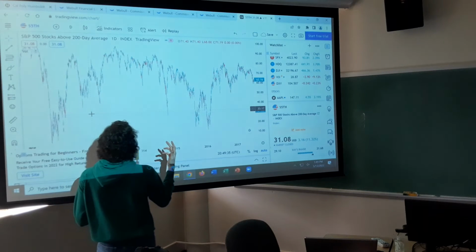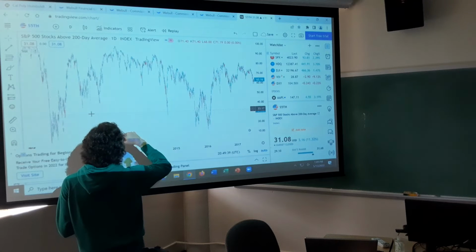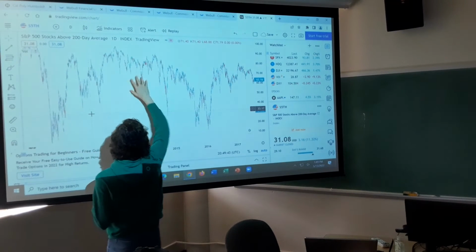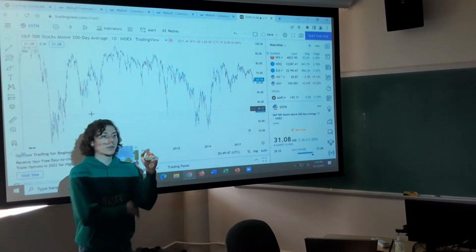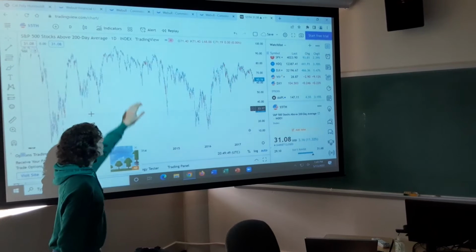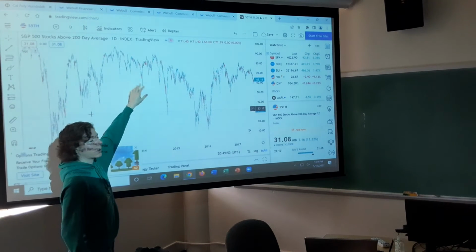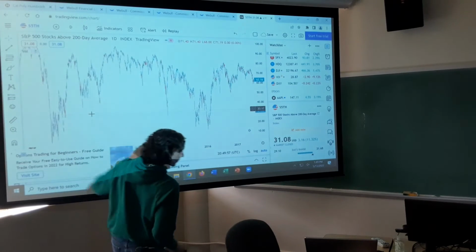So when we look at something like the percent of stocks above the 200-day moving average, and we see a decline here, this is showing a weakness in the stock market, even though we might look at the SPY and say, but everything's fine. What this helps us see is a structural weakness in the market, and this can lead to some pretty significant declines.